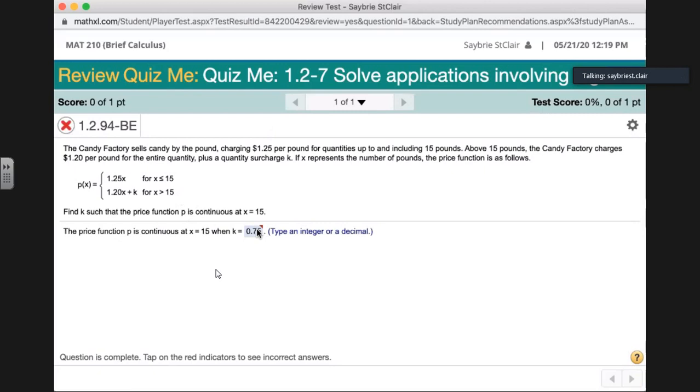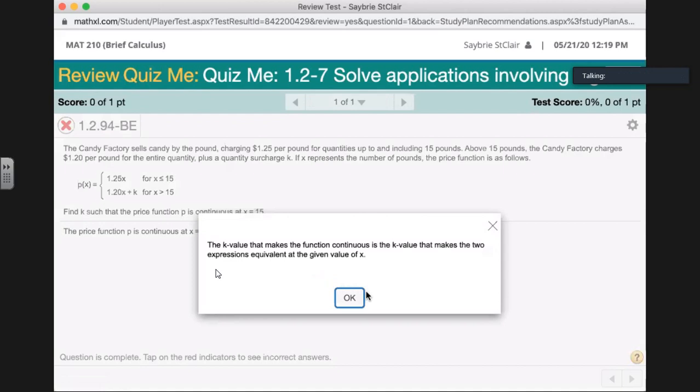0.75. Does it show you how to do that? Let's see, 1.2 times 15.